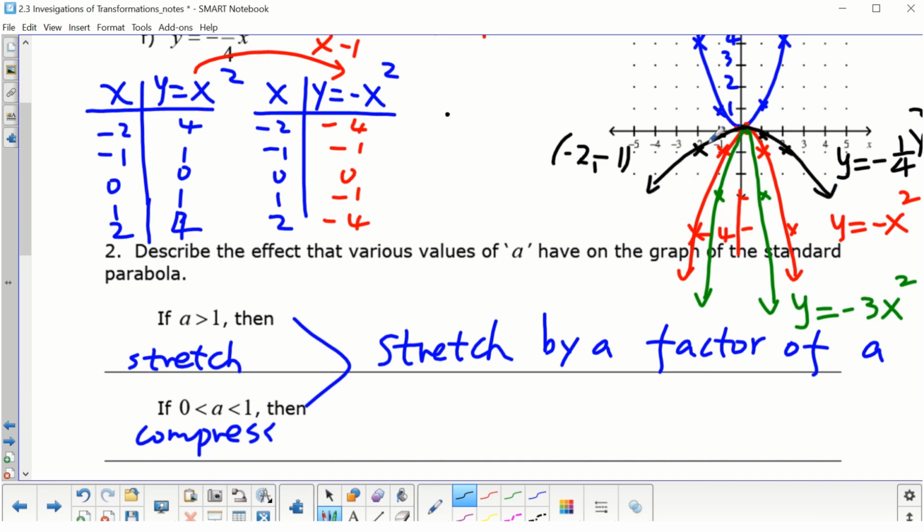Compress means just the graph is wider. And A greater than 1 is steeper. But we don't want to confuse you. Don't bother with compress or stretch. Just stretch by a factor of A, then it's good. You don't have to say it's wider or steeper. It doesn't matter. As long as you know how to graph it, then it's good.